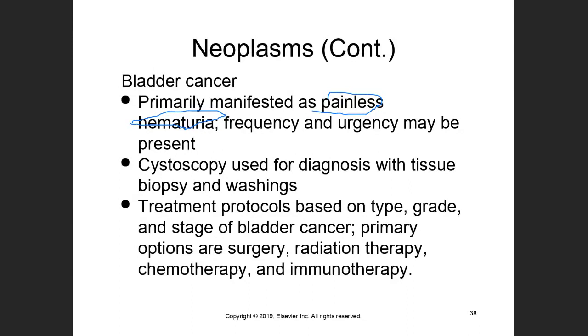That is called painful hematuria. So if you see a patient that doesn't have costovertebral angle tenderness and has hematuria, that is painless hematuria, then you start thinking bladder cancer. Also with history of smoking, bladder cancer. Cystoscopy is the diagnostic test you have to do as an image.